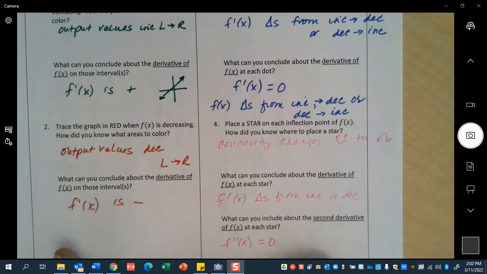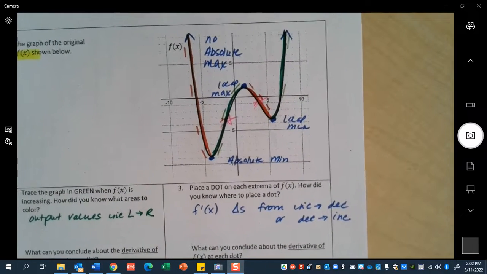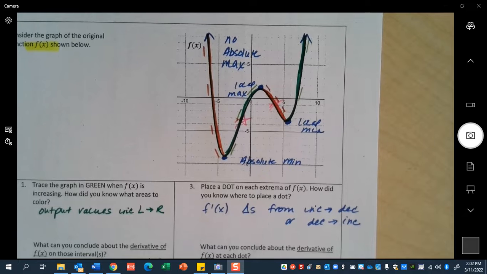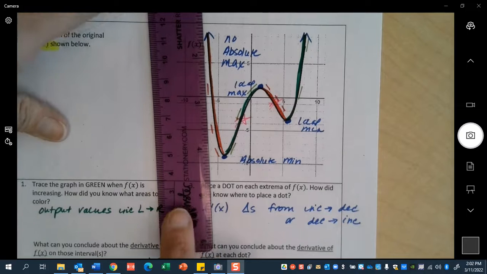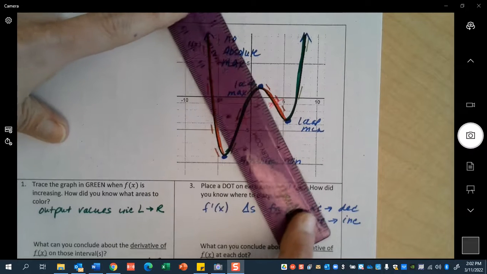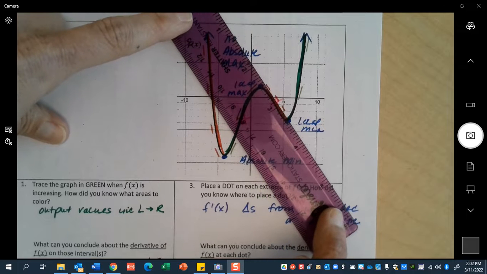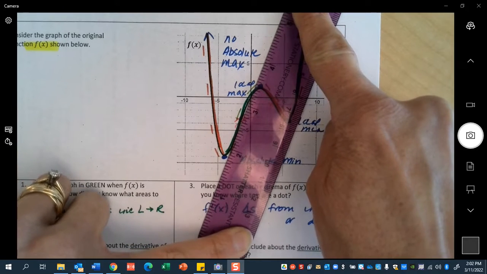So this first conversation of increasing and decreasing is just whether you have a positive or a negative slope. I was watching some of you take your straight edge and draw, that's a negative slope. That's a negative slope. Our positive slopes is when I'm increasing left to right.